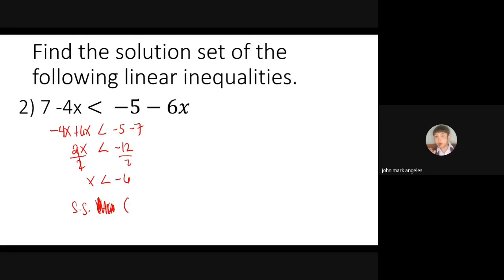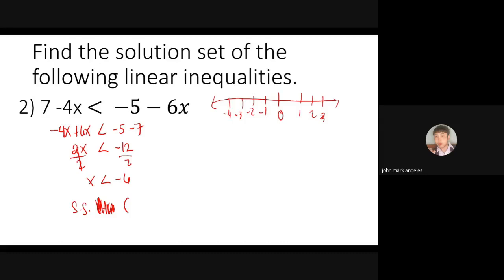-7 pala, sir. Hindi ba sa number line, ito yung 0, this is 1, 2, 3. Balikan natin yung lesson ng grade 7. Sa number line, as you go far away of 0, going to the right, the number becomes bigger.